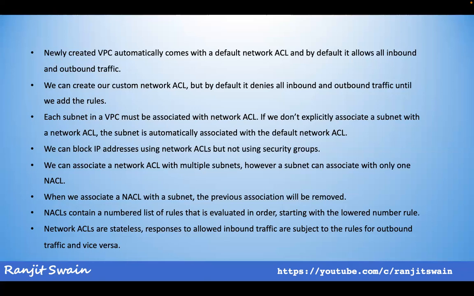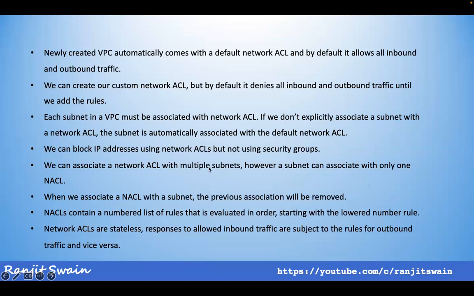Now, we can associate a network ACL with multiple subnets. However, a subnet can be associated with only one NACL. This is another very good bullet point. One network ACL can be associated with multiple subnets.